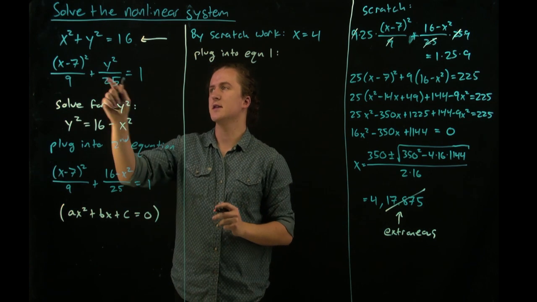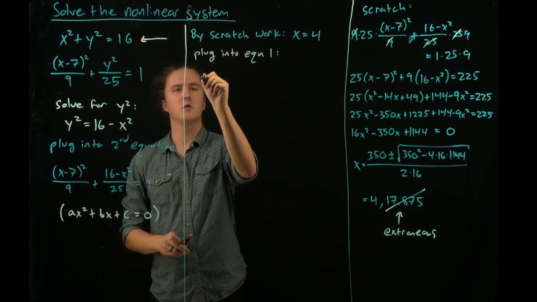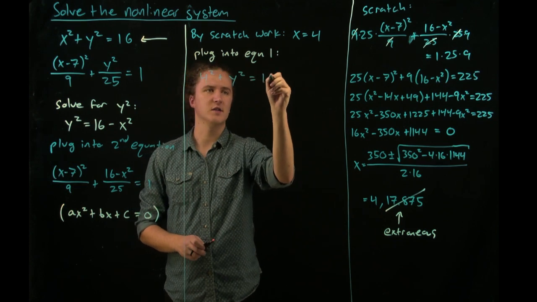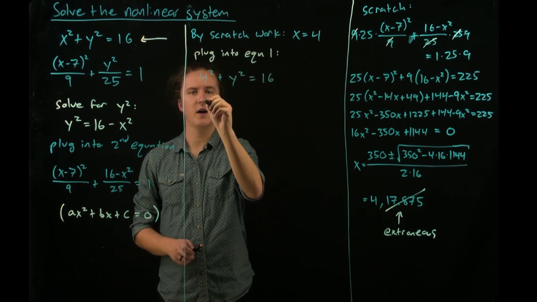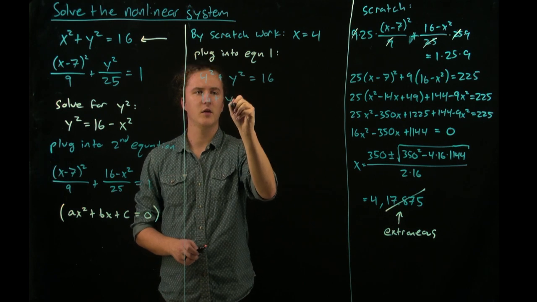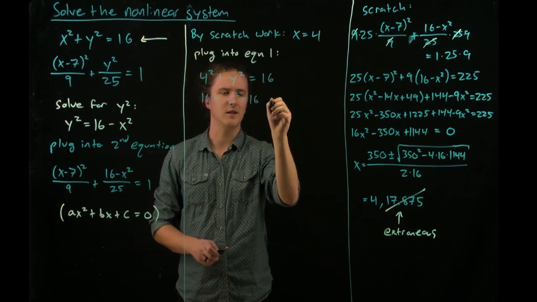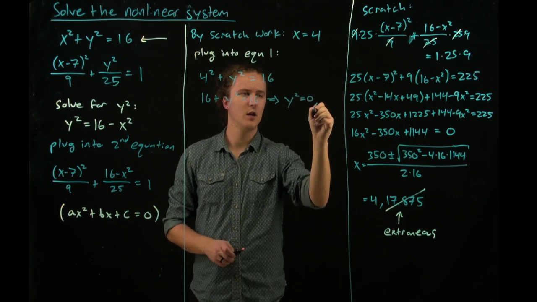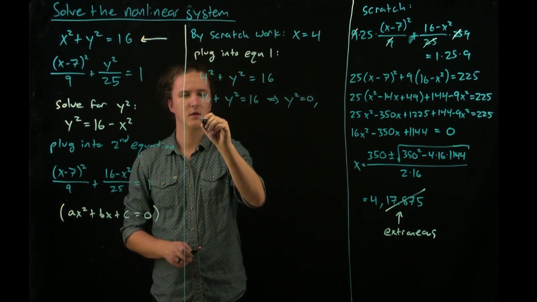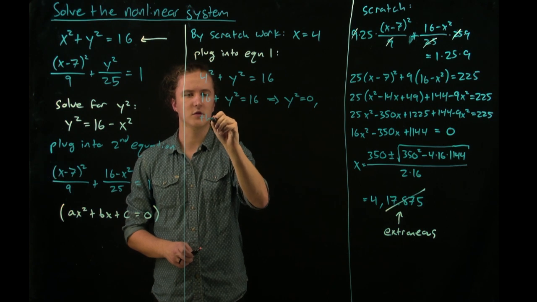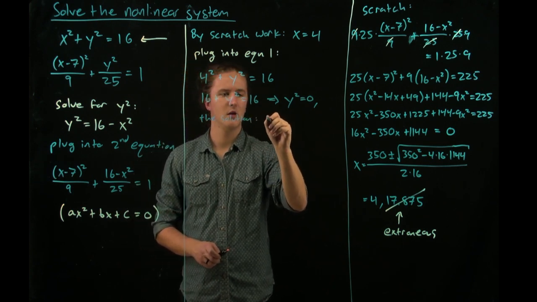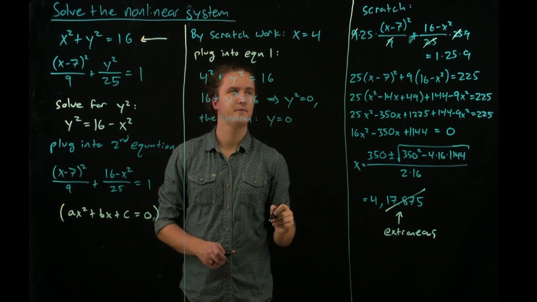And this gets us 4 squared plus y squared is equal to 16, which simplifies to 16 plus y squared equals 16, telling us that y squared is 0, meaning that the solution has to be y equals 0.